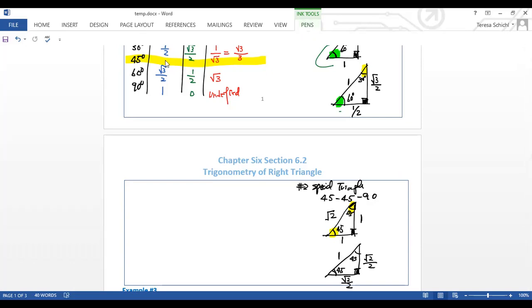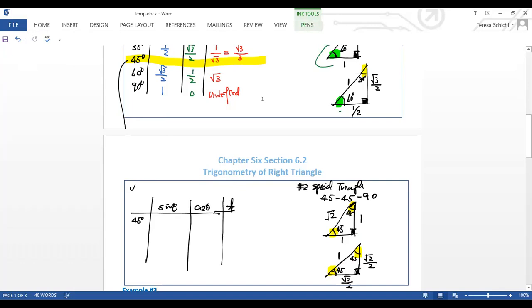So let's go back to the special angles. We have this 45 degrees here that we have not done yet. So I have sine theta, cosine theta, and tangent theta, and I'm just trying to fill this yellow one. Sine is the square root of 2 over 2.